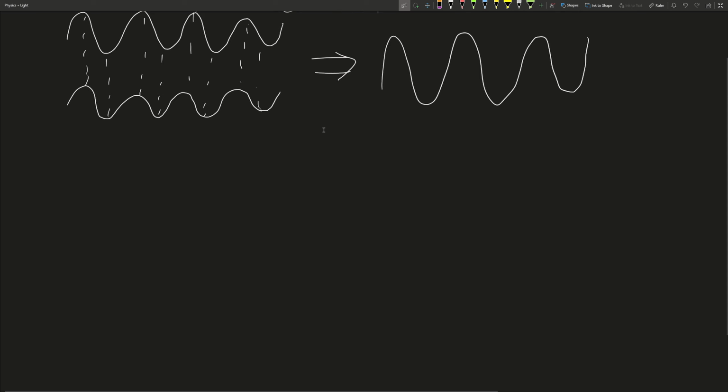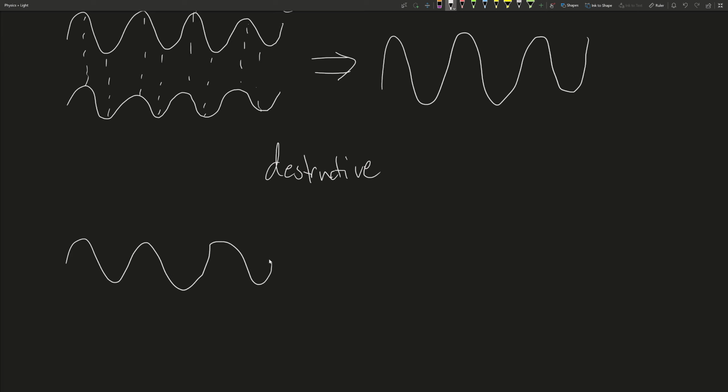Now, completely destructive interference occurs when the peak of one light wave lines up with the trough of another light wave. One of them might look like this, and then the other one will be inverted from it. You see here that the peak lines up with the trough of the other one.